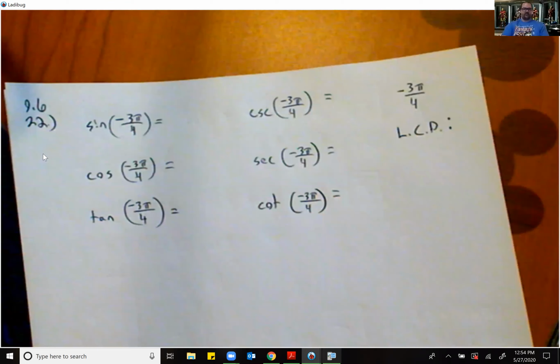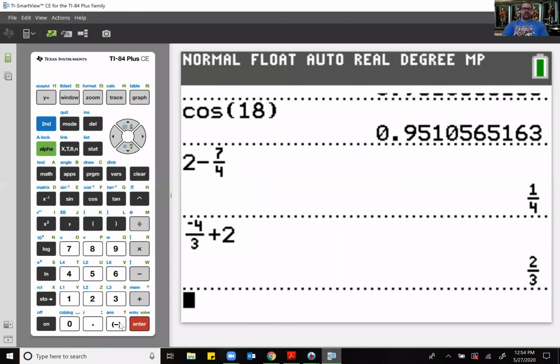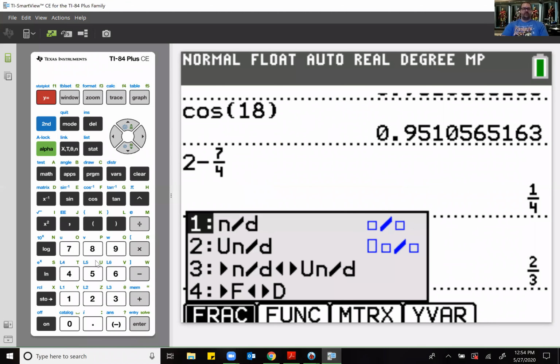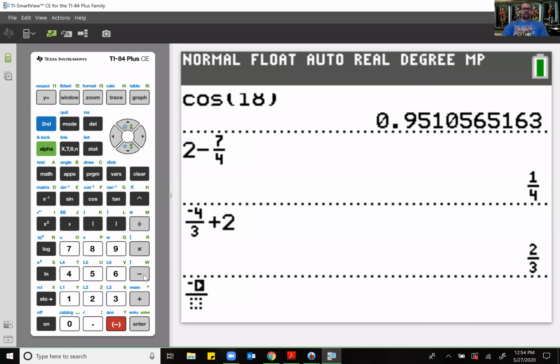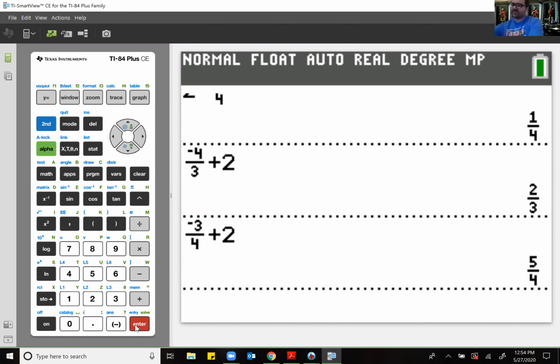You're going to take negative 3 over 4, plus 2. So our least positive coterminal angle is 5 pi over 4.